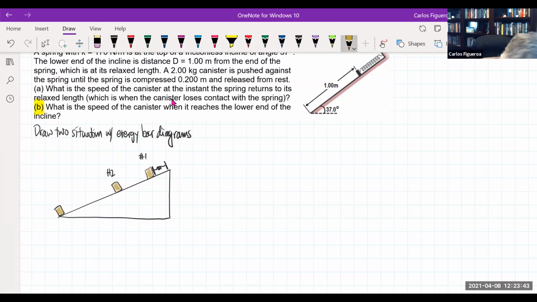Here, I think the notation really starts to pay off because now we're looking at state number 3. At state number 1, we knew that it started from this height right here, which we called Y1.